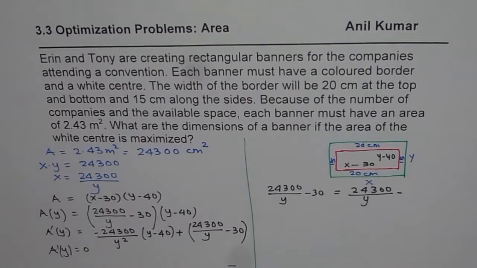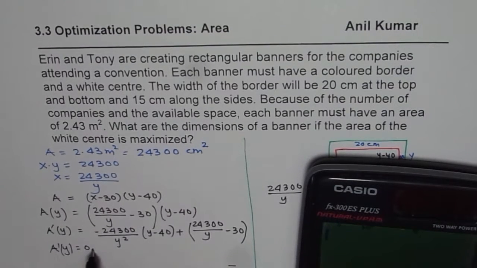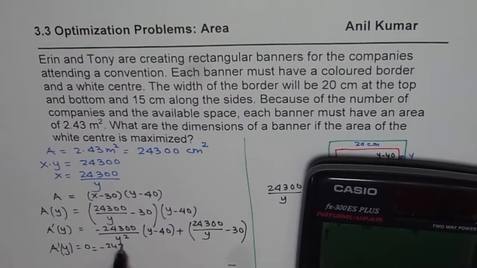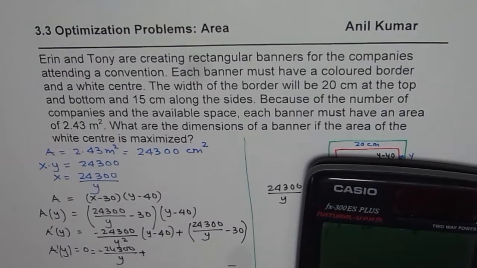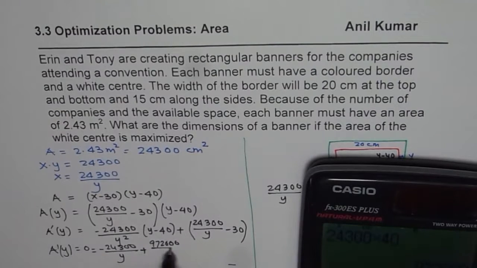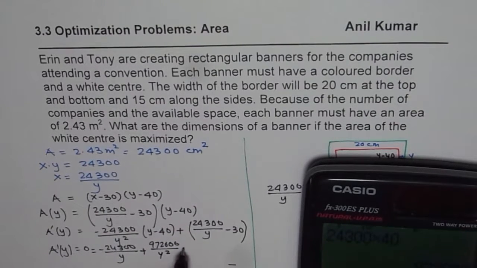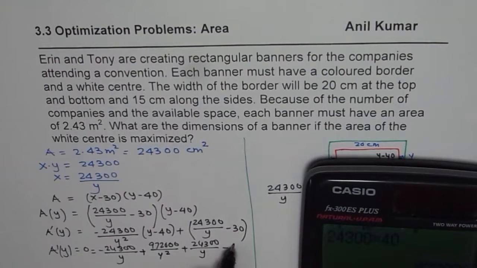So what we will do is we'll just multiply and write it down. Let's write it down first here, and then we'll take the terms to the other side. So that should be equal to minus 24,300 over y, and when you open this up, you get plus 40 times 24,300, so we get 97,200 over y square plus 24,300 over y minus 30.